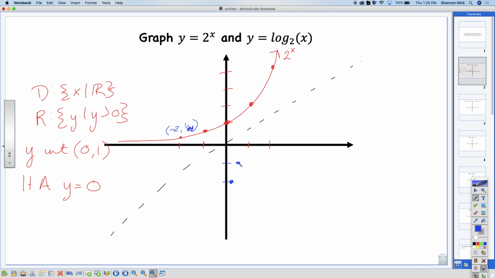And (0, 1) is going to go to (1, 0). The x and y are just changing places, correct? And this (1, 2) is going to go to (2, 1), and this (2, 4) is going to go to (4, 2).